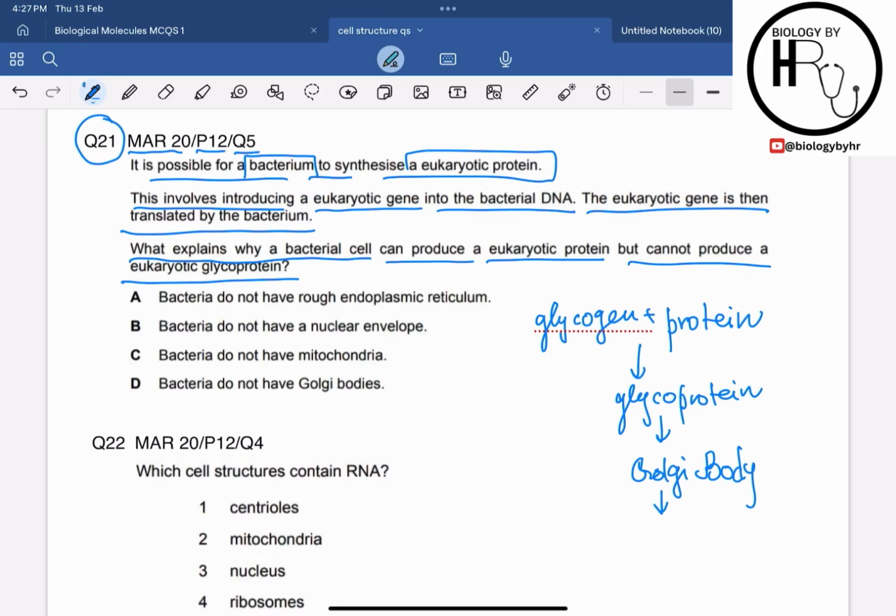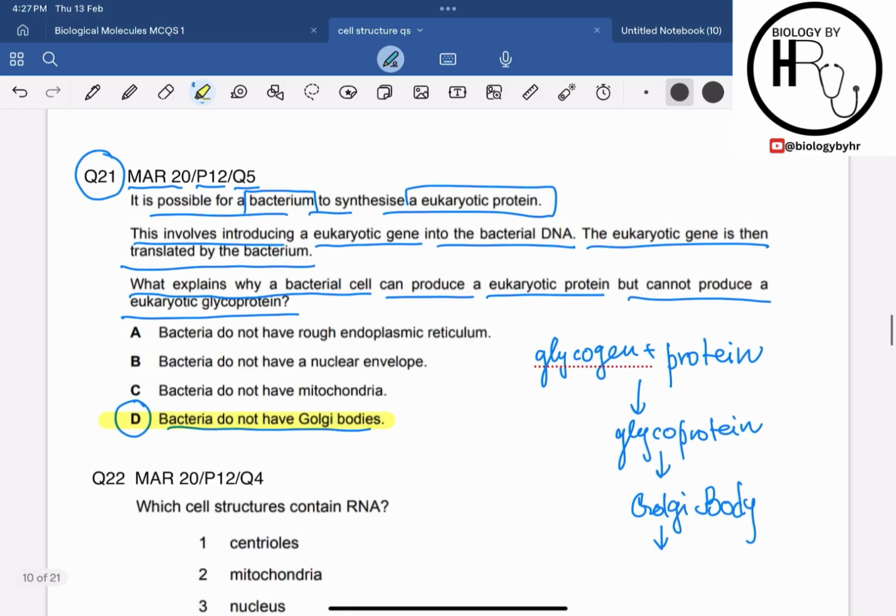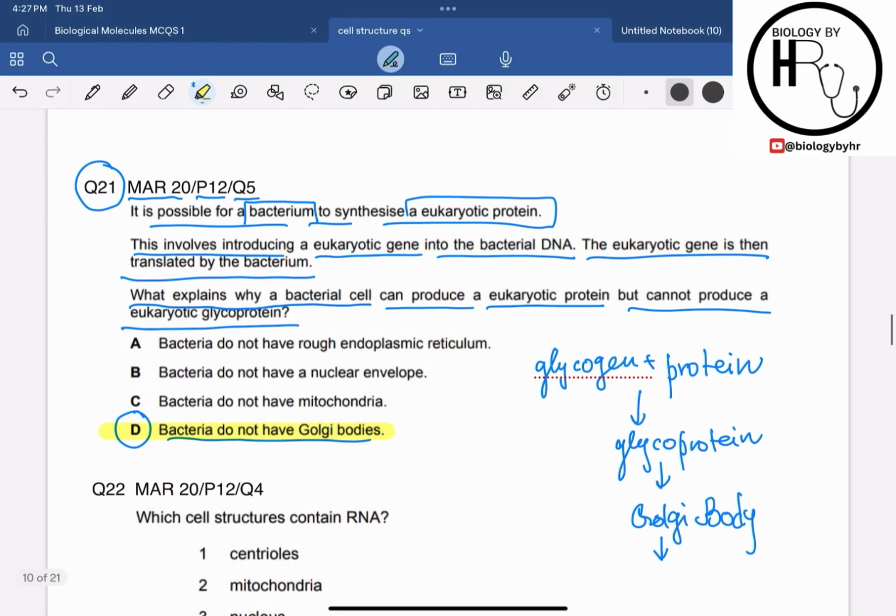The Golgi body is a membrane bound organelle in which the glycoprotein is synthesized, or you can say that carbohydrate is combined with the protein, right? So the correct answer for MCQ 21 would be option D, that bacteria do not have Golgi bodies, because these modifications happen in the Golgi body, right?